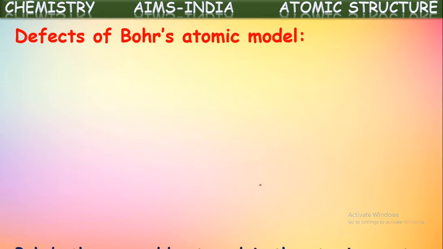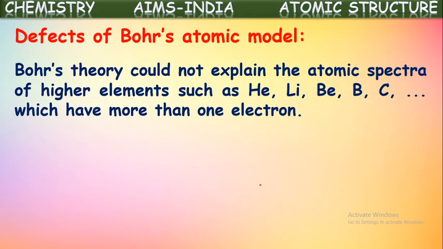Let us see those. One of them is that Bohr's theory could not explain the atomic spectra of higher elements such as helium, lithium, beryllium, boron, carbon, etc., which have more than one electron. That means Bohr's model of the atom is limited, applicable only to single electron species.